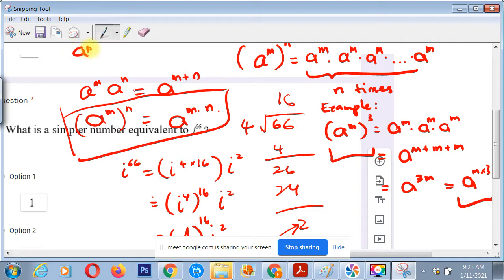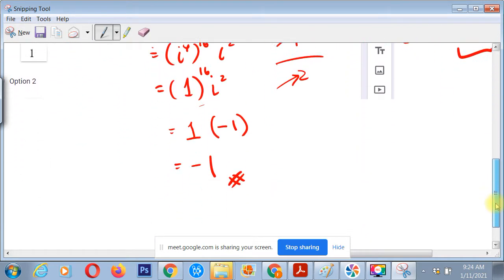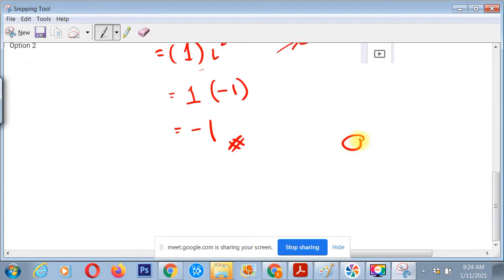If we have a^m over a^n, so what should we have? a^(m-n). And another thing, if we have a^2 over a^(-1), it just follows the rule.